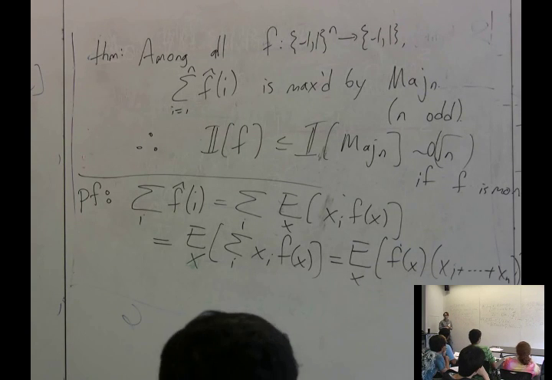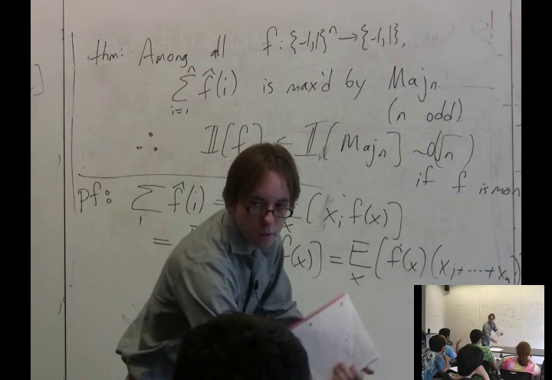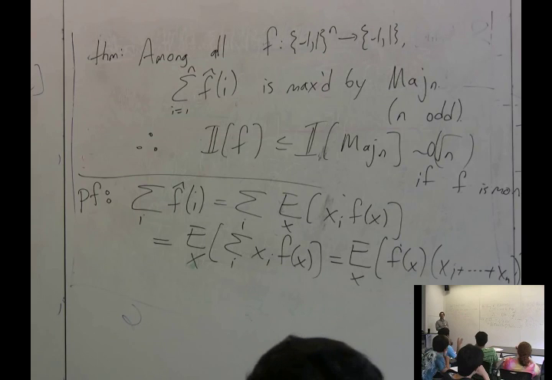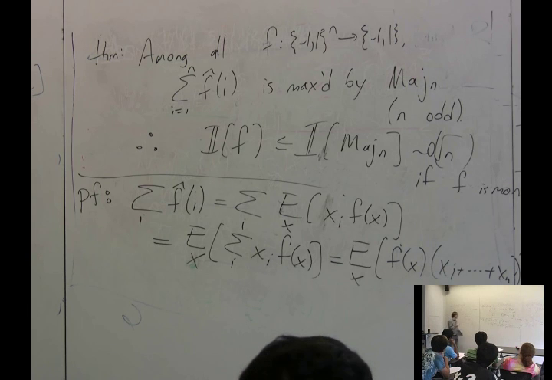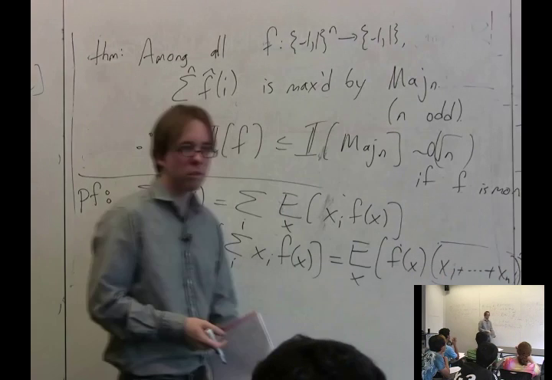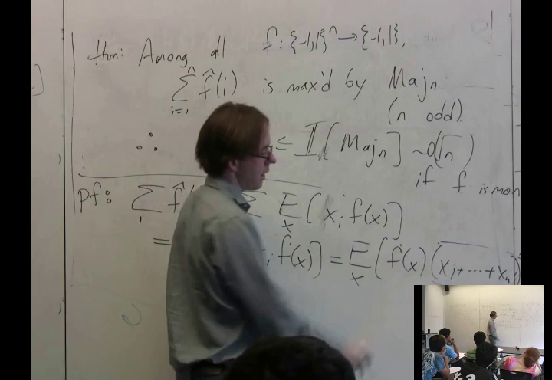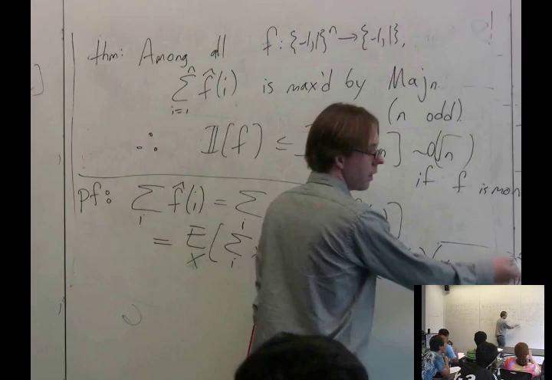Okay, can somebody complete the proof? Why is this? Okay, this is what we're trying to maximize. It's just the sign of x_1 plus ... plus x_n, and the maximum value of that for any Boolean function would be the expectation of the absolute value. Yeah, exactly right. So imagine x is chosen at random. This is some number. It's either positive or negative. If you got to pick f's value so as to maximize that, you'd always take f's value on x to be the sign of this thing.